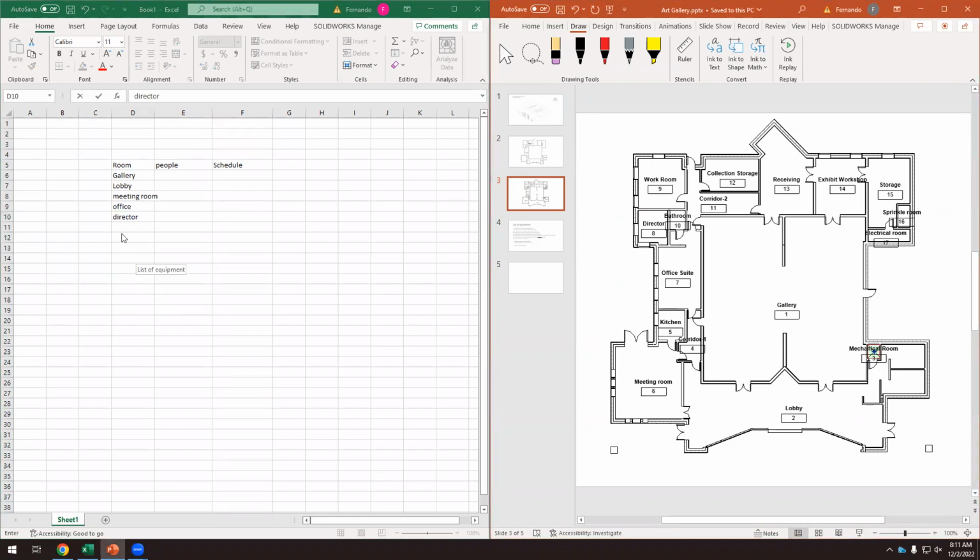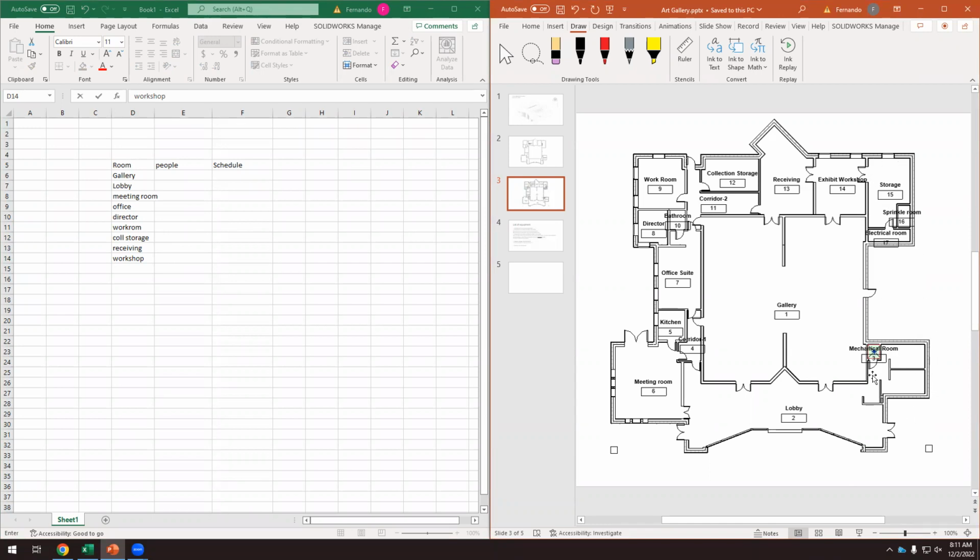This workroom. Then the collection storage. Receiving, exhibit workshop, and here we have the storage, and here we have an electrical room, the mechanical room, and the toilets.